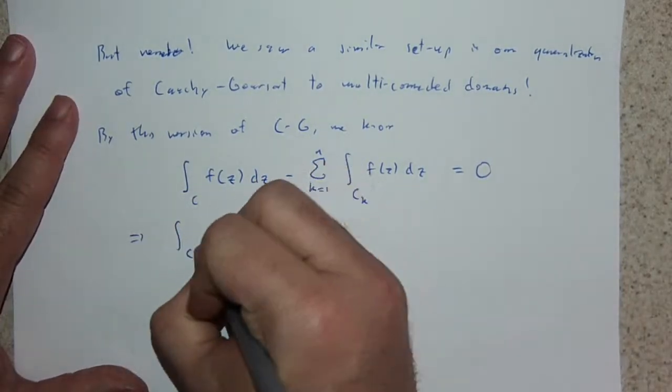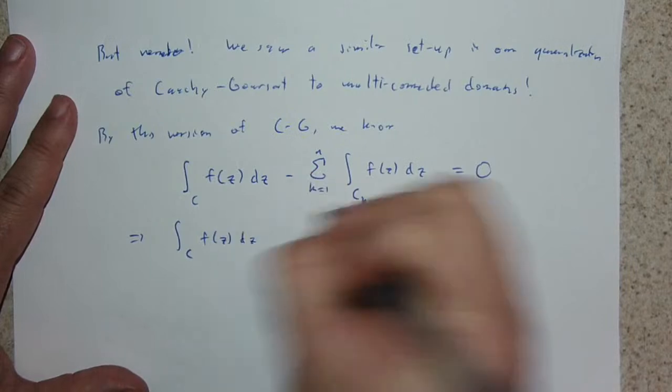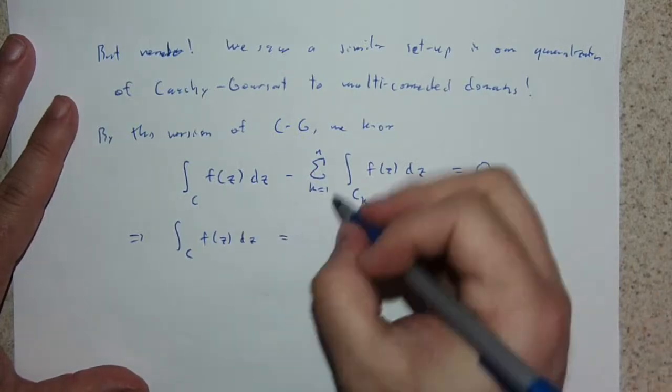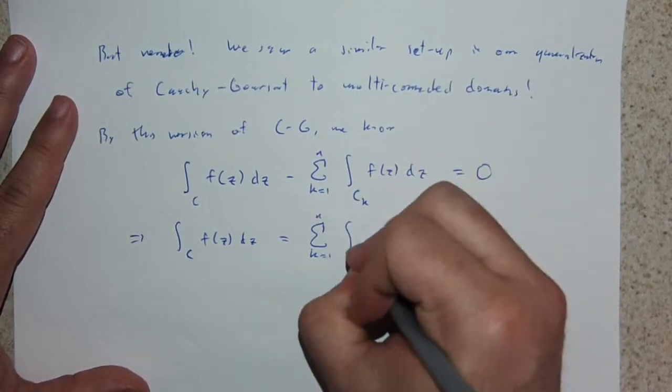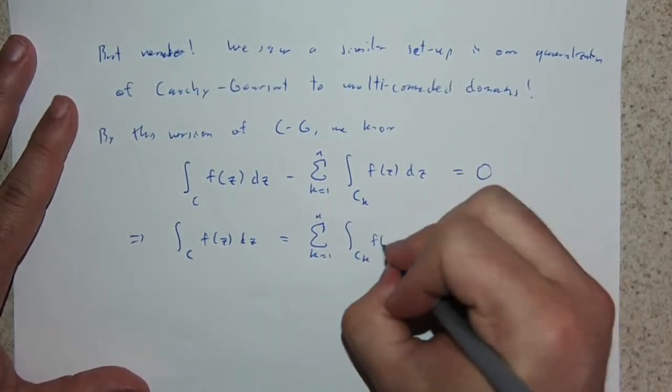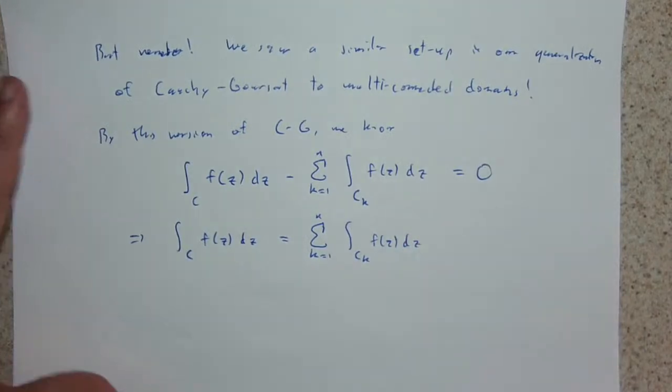But actually, this means that my contour integral of f over the C is equal to the sum from k equals 1 to n of these contour integrals over the C sub k of f of z dz. But what are those? What are these contour integrals along those circles?